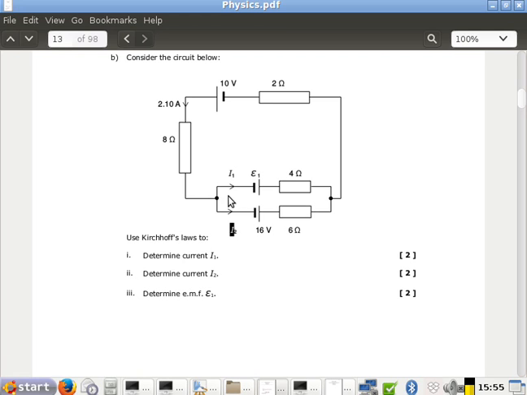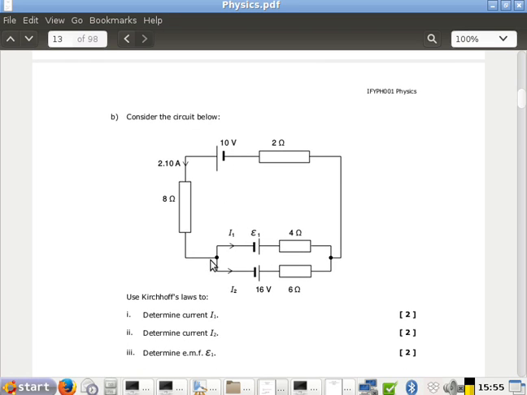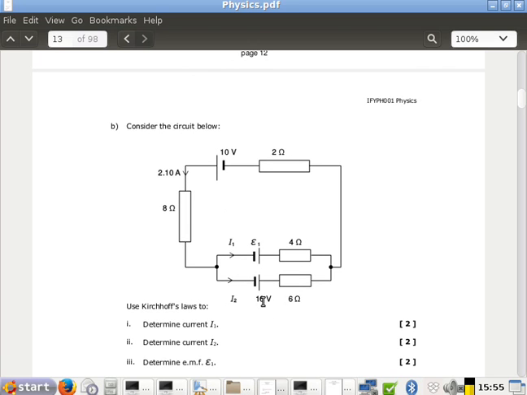Now we'll take a loop. How many loops do we need to take here? 2. So we'll take a loop at the 10, and I recommend going down and down because, well, tell me why. Why do I recommend going down and not taking the loop that goes up here? Yeah, so here you don't have an E1, you just have a 16, which is easier. What other loop should you take?